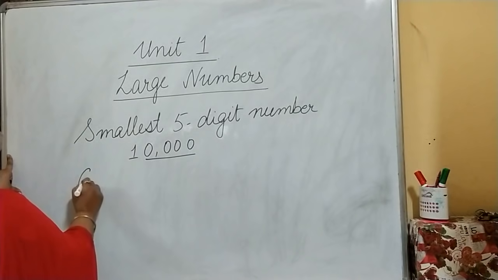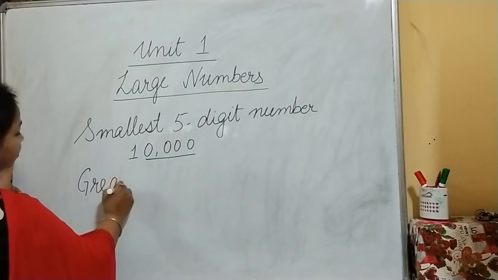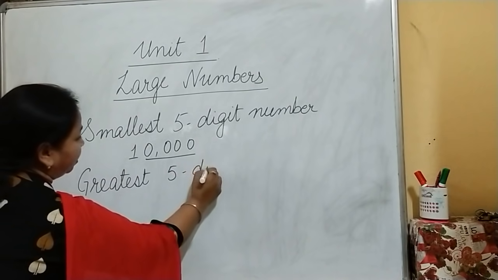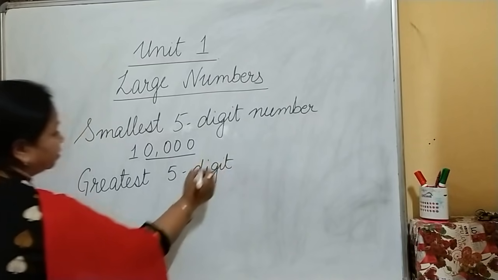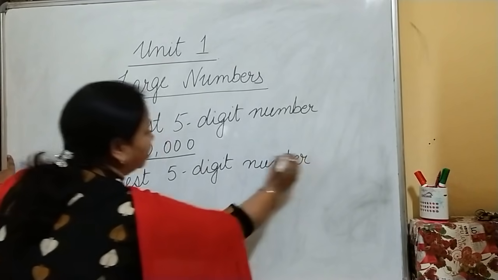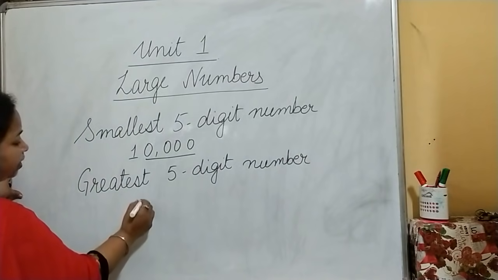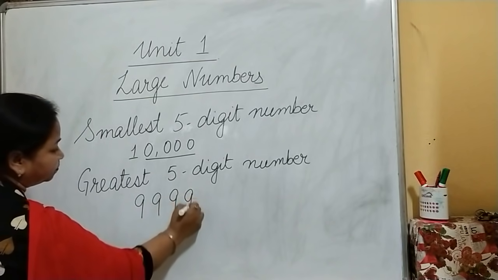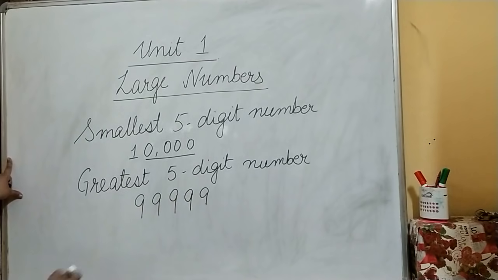What is the greatest 5-digit number, if I ask? Yes, I know you have the answer. We write 9 five times, and we read this one as 99,999.